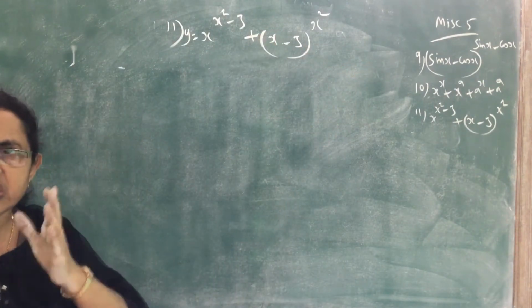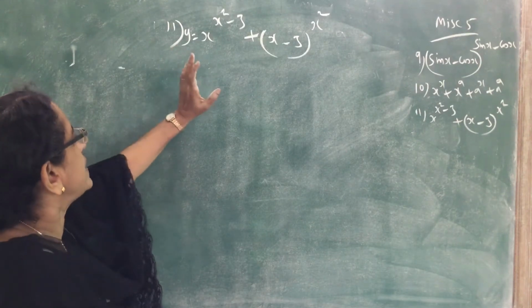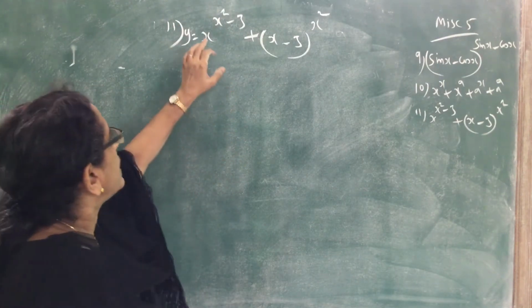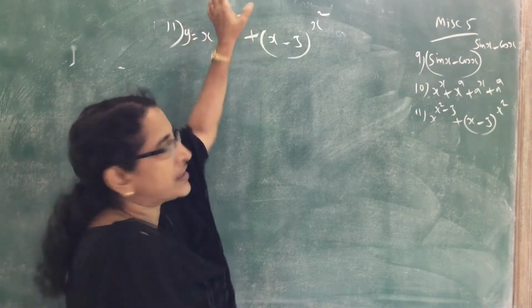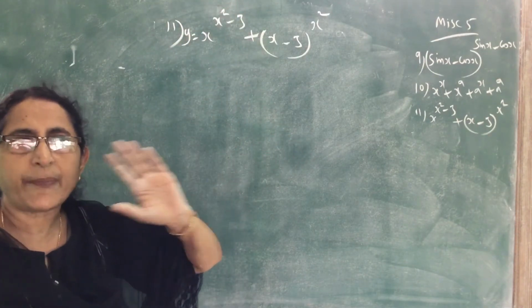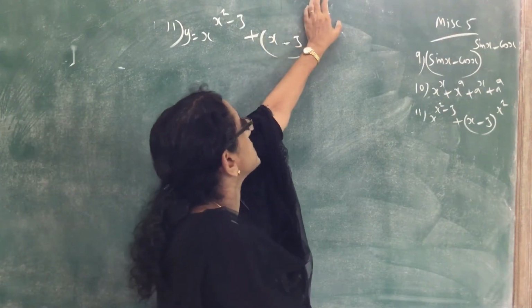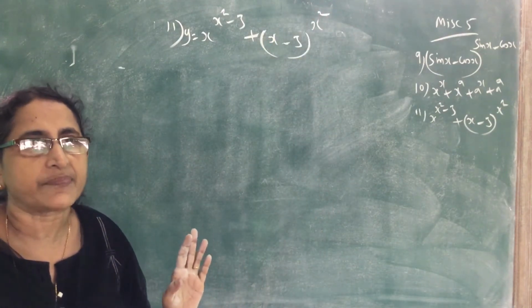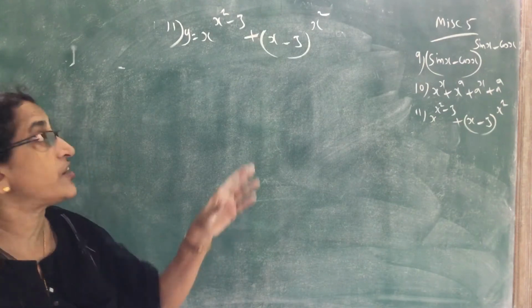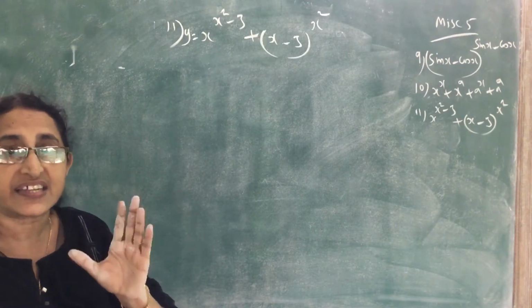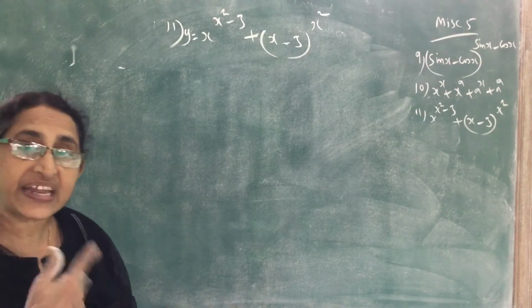Now see each function. The first function is in the form of one function of x power another function of x, so only by using logarithm can we find it. Here also it is a function of x power a function of x, so here also we have to use logarithm. We cannot take it directly because it is a sum of two terms. So we cannot take the log directly since it is a sum of two terms. Separately we have to consider.